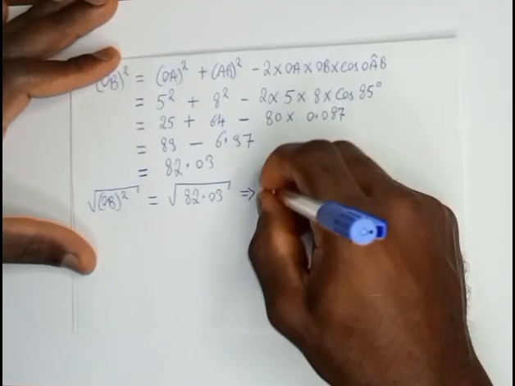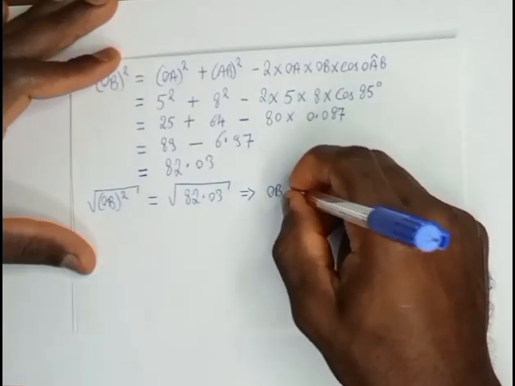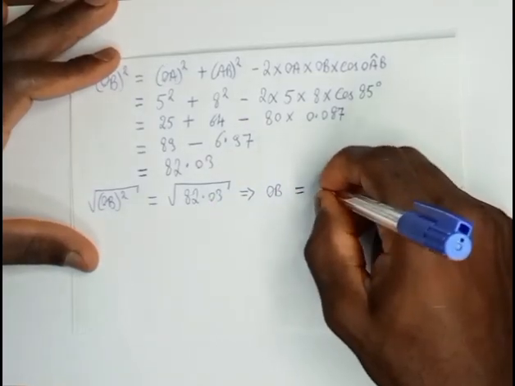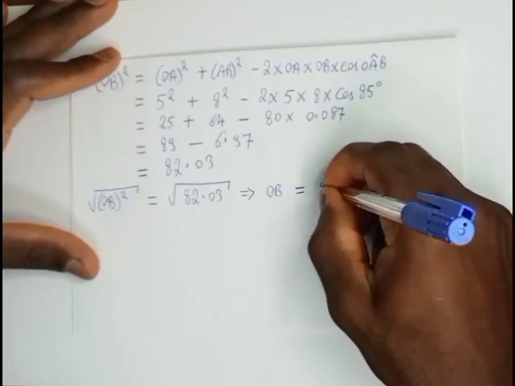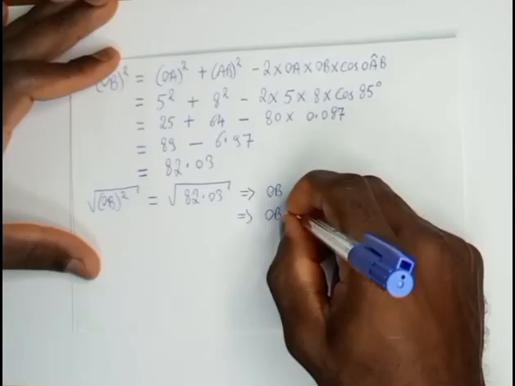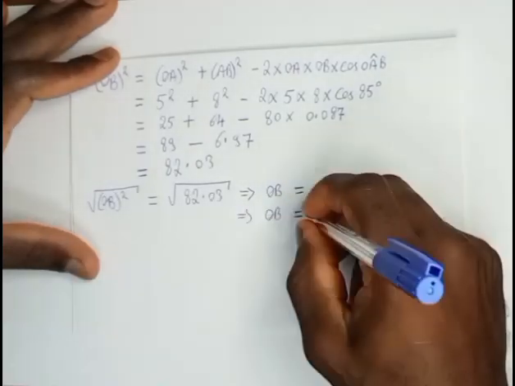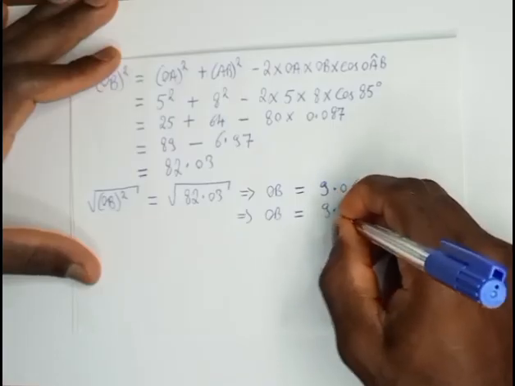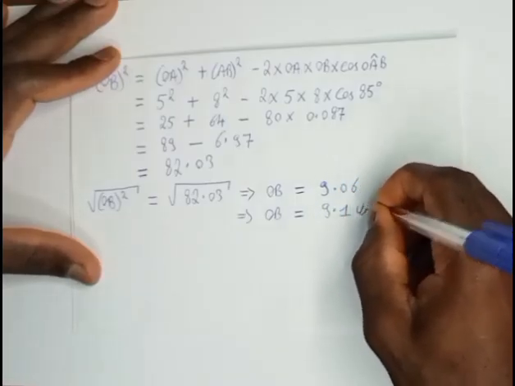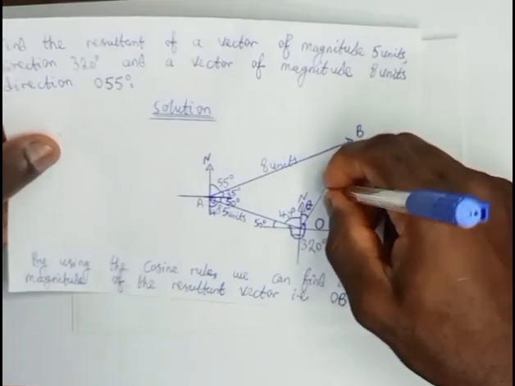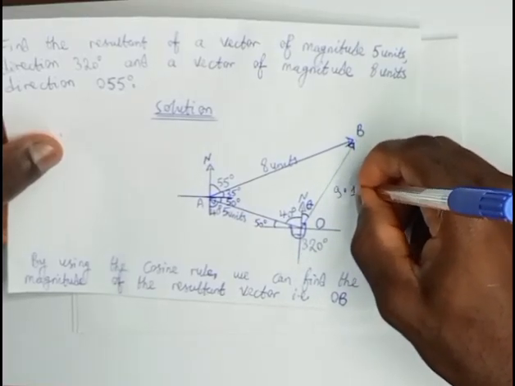Then OB will simply be equal to the positive square root of this. To 2 decimal places, this gives us 9.06. Let's give this to 1 decimal place, which gives us 9.1 units. So this is the magnitude of the vector OB. That means from O to B, this will be 9.1 units.